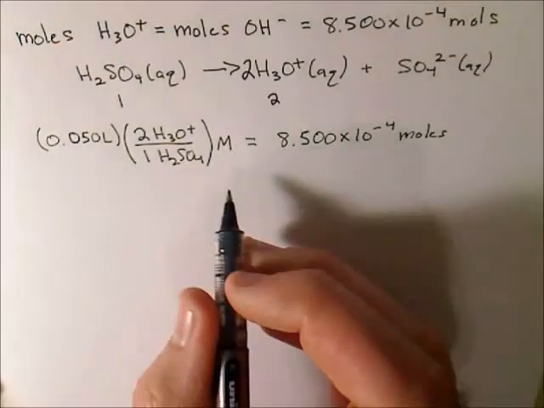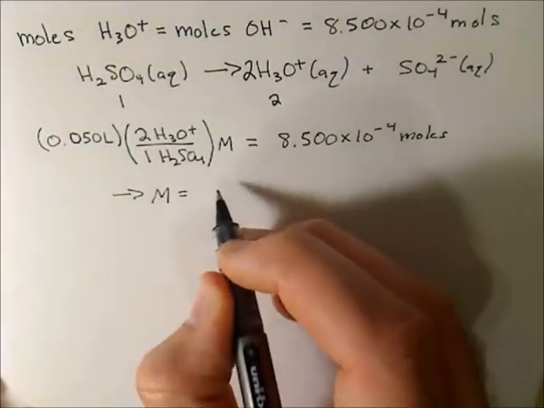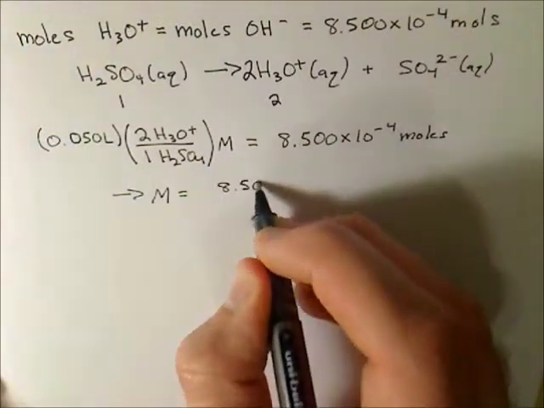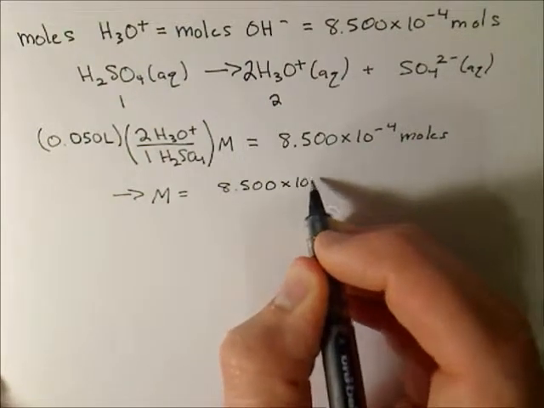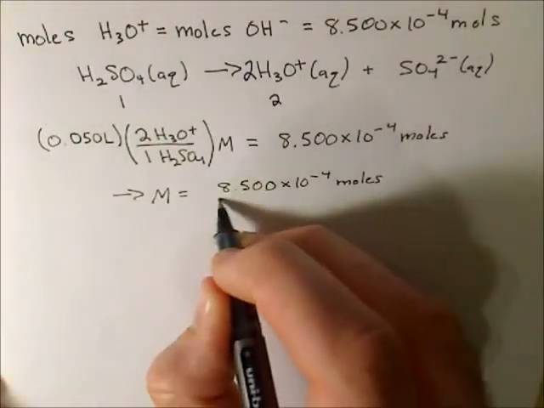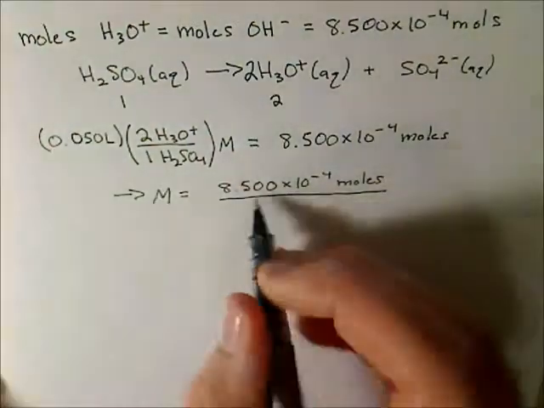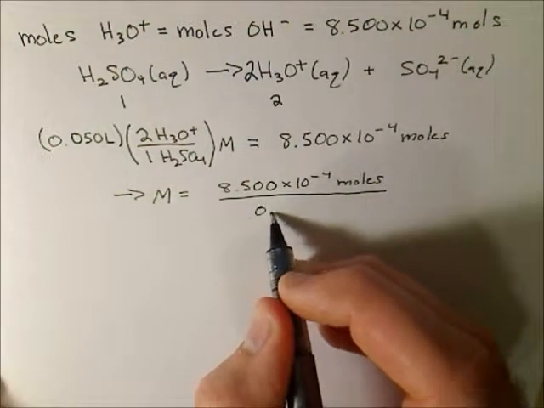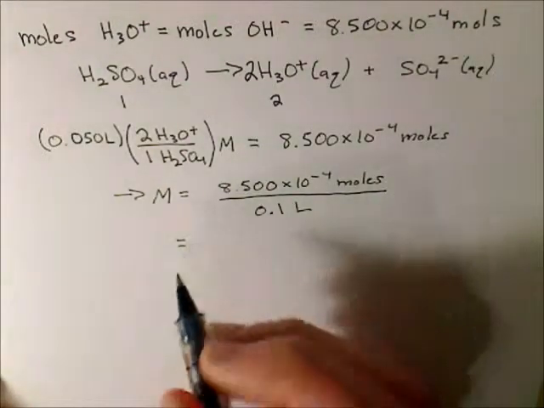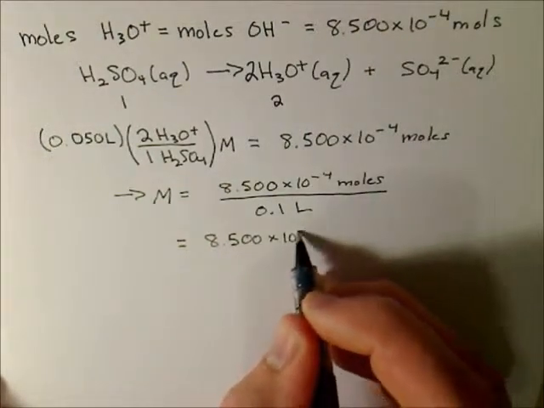So now we can solve for the molarity. And then this right here just equals, so our molarity is just going to equal 8.5 times 10 to the negative 3.